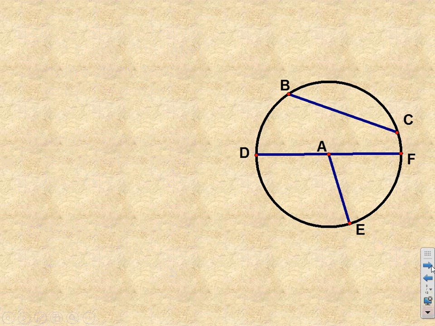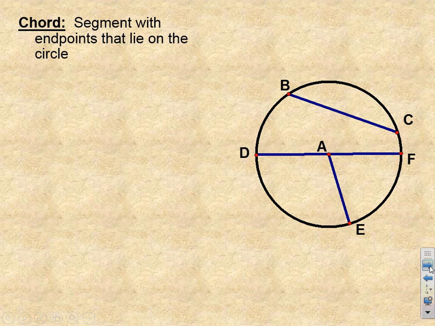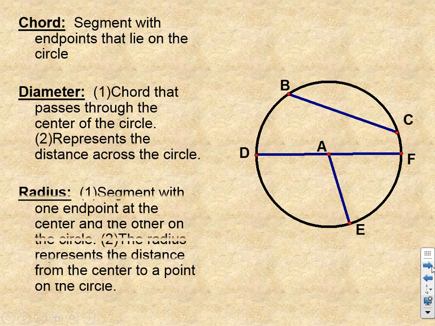Okay, so then we got to talk about one definition that hopefully you know what it is, and then a couple maybe that you don't. All right, the radius, that's from the center to the circle, and then the diameter is from the opposite ends of the circle, but it has to go through the middle.